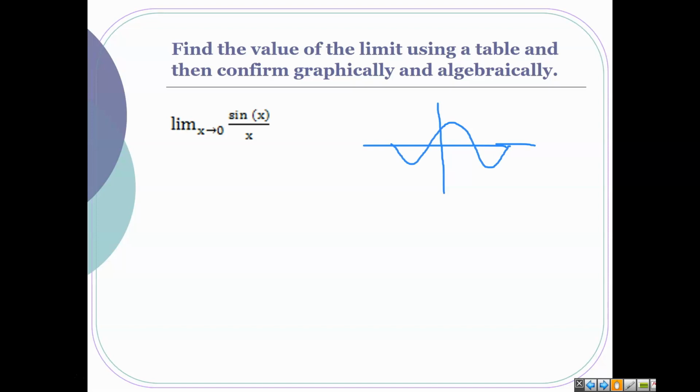So it should look roughly like this. Let me erase this line and I can fix that. Oh, hit zoom 6 or hit zoom trig. Zoom trig I think is zoom 7.